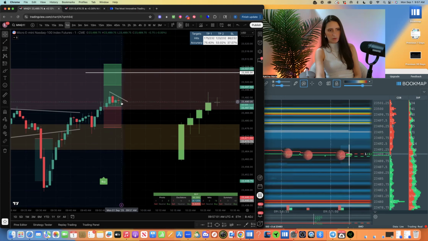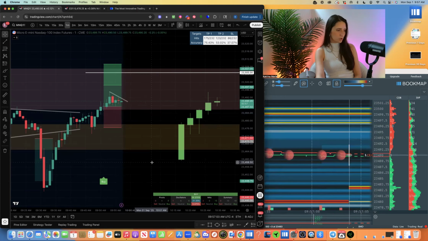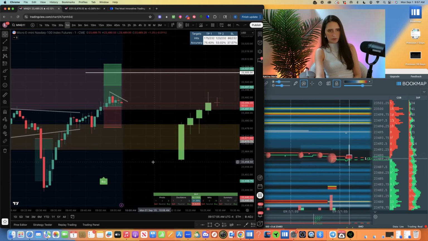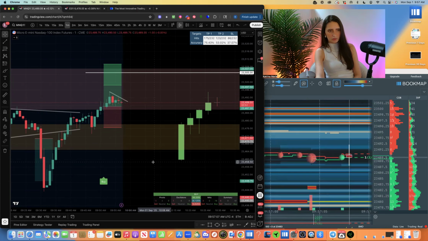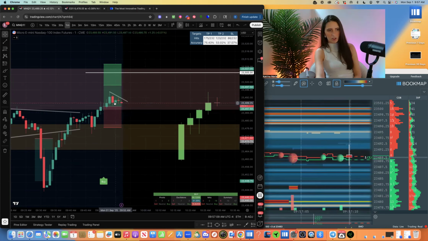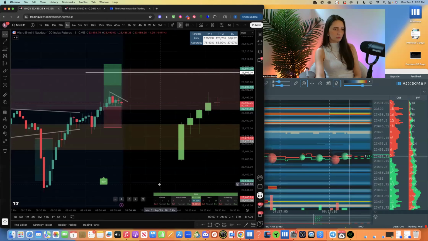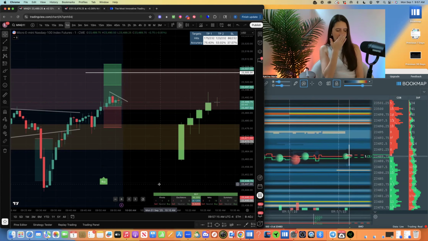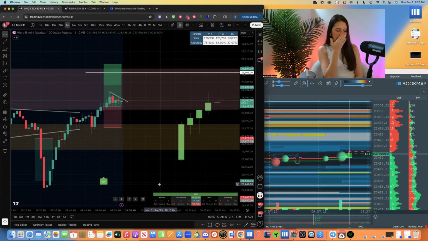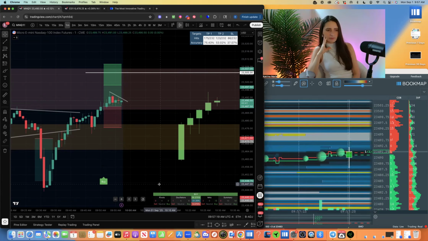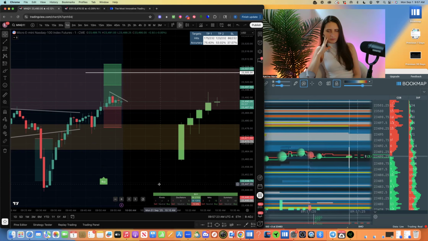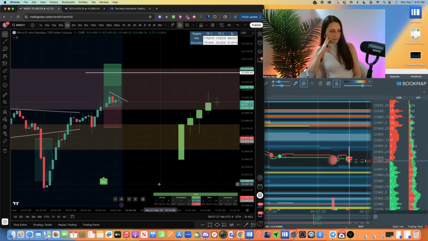Let's see where this candle closes. It did not close up. I would have wanted to see a green candle. Got a couple minutes left. We could push up.